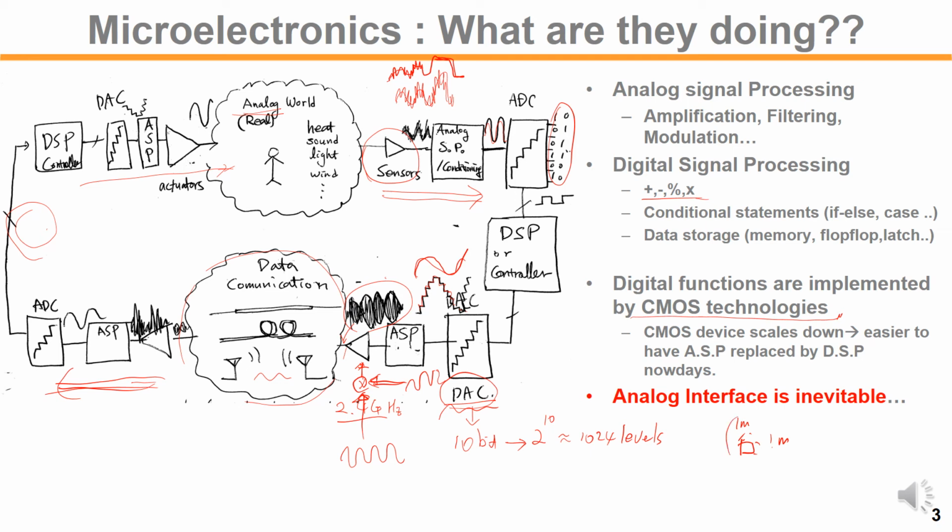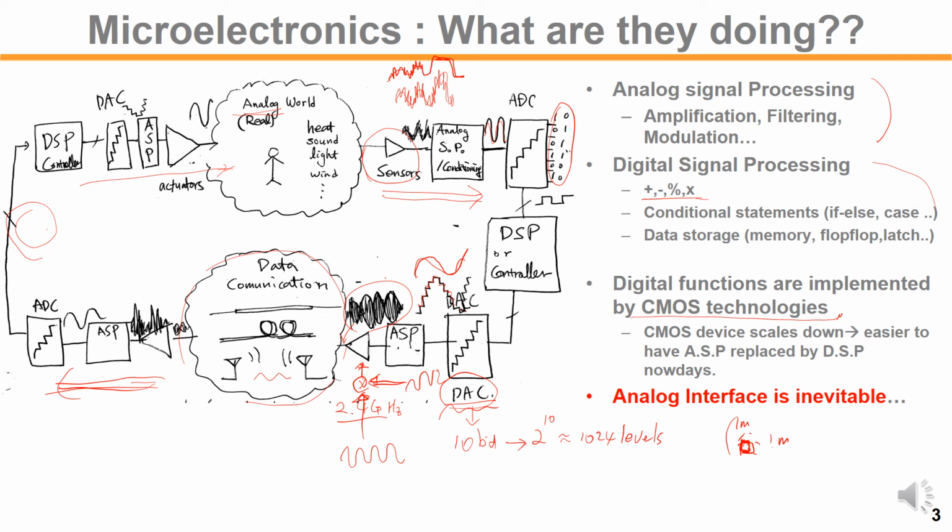In this small piece of silicon, we can put billions of transistors. What are they doing? They are doing both analog processing and digital processing, all the functions I explained in this slide, right?